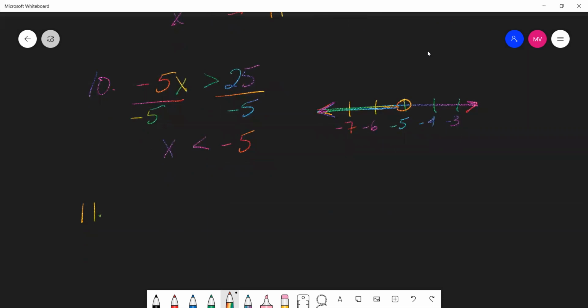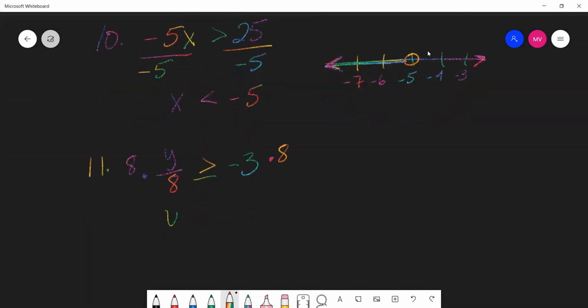Okay. Number 11, Gabe. y divided by 8 is greater than or equal to -3. Multiply by what? Okay. So we're left with y. And do we do anything with our inequality symbol? No, because our 8 is not negative.